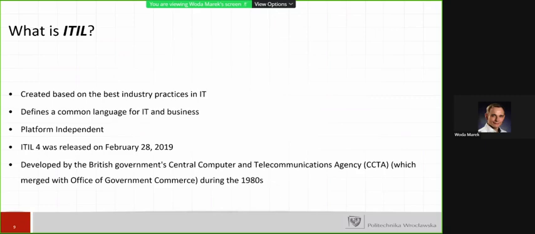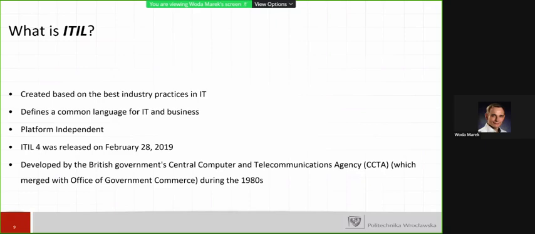Along with another quite famous methodology, this time a project methodology, Prince2, they were complementary best practices in Great Britain in the 80s and 90s. To this day, they are still among the leading methodologies for providing services and dealing with project management. What is most important is that ITIL is completely free of charge.